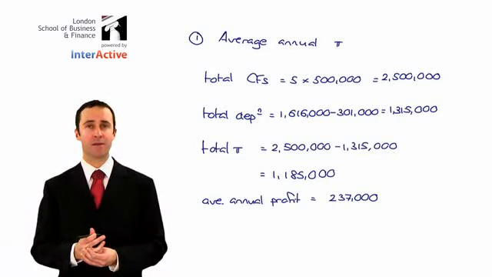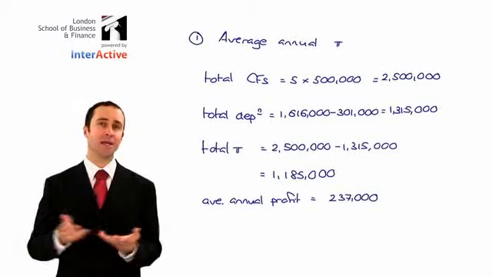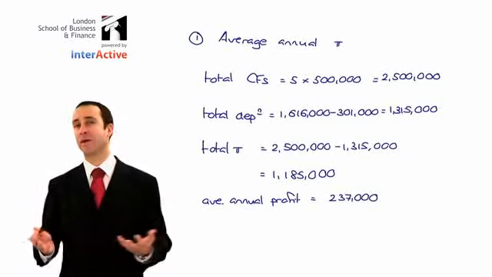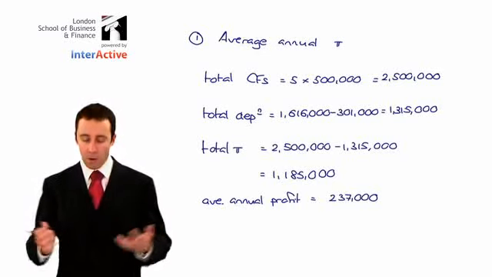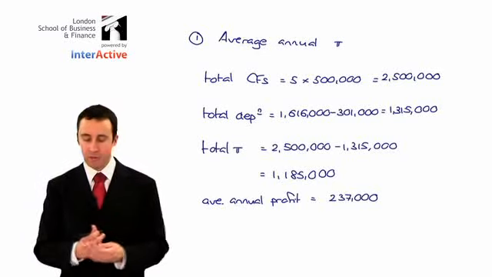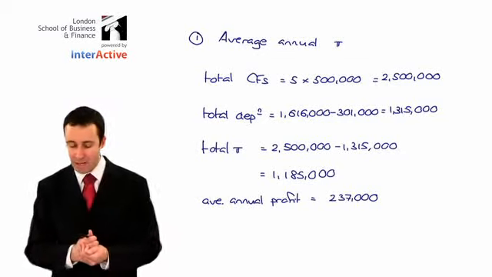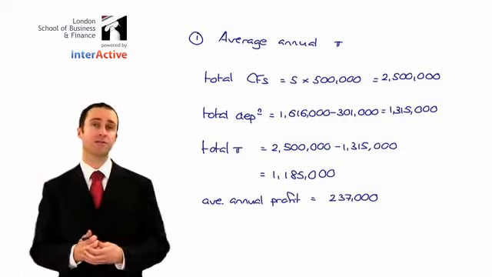However, if you made a mistake, let's go through and ensure that you know where you went wrong. This is the basics, you need to be happy with it. If you look at your average annual profit, we made £500,000 per annum for 5 years, so 2.5 million, giving you your total cash flows.